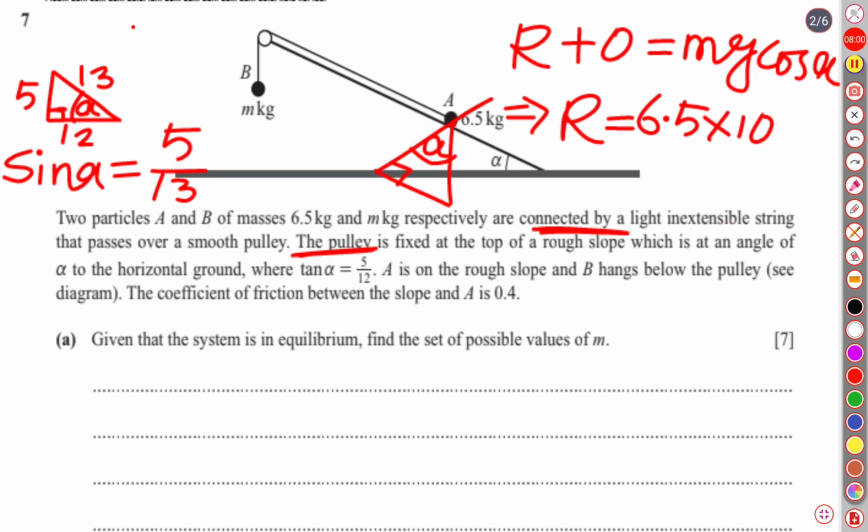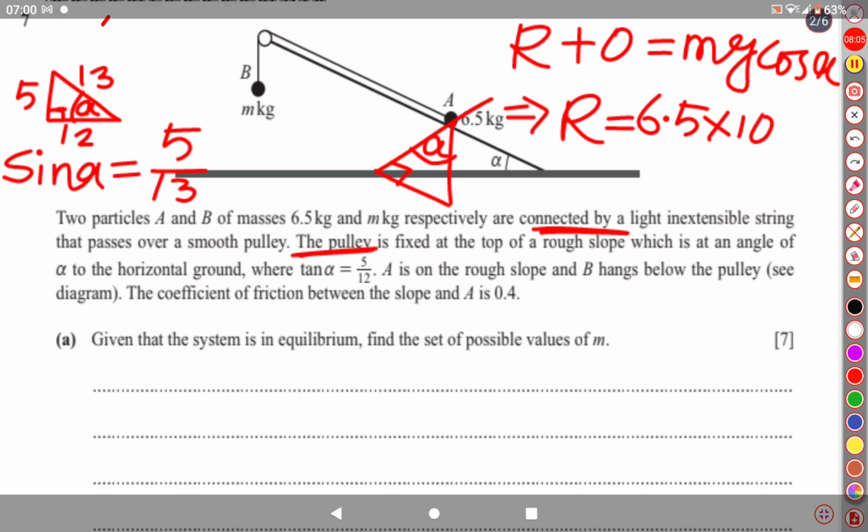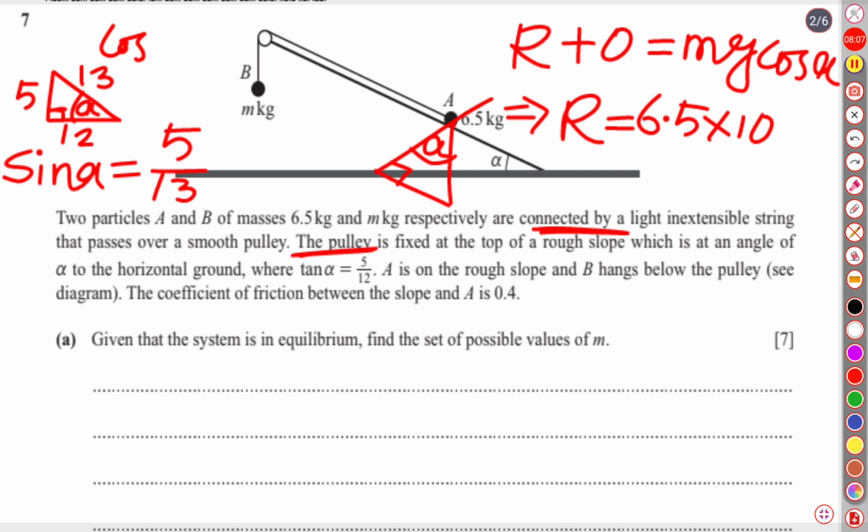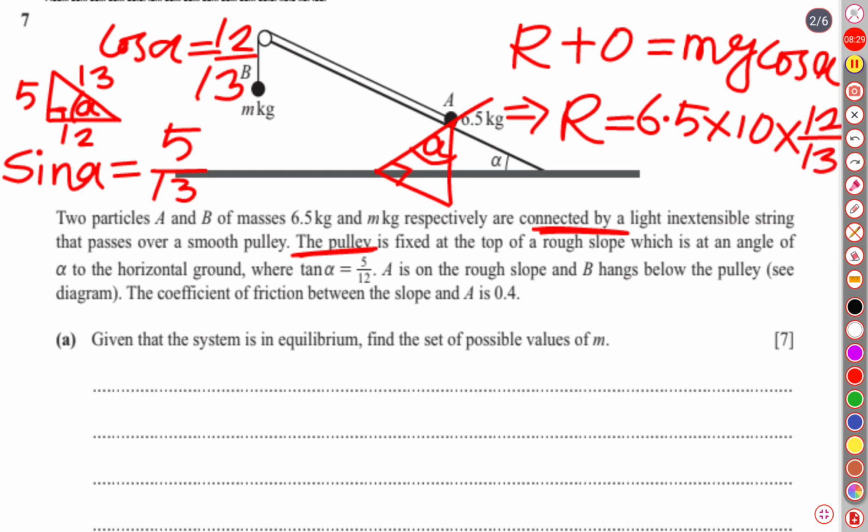Then cos alpha is just opposite to that: cos alpha is going to be adjacent over hypotenuse. So adjacent is 12 over hypotenuse 13. So our cos alpha is 12 over 13. Just here we will write 12 over 13. Hence our normal reaction is what?